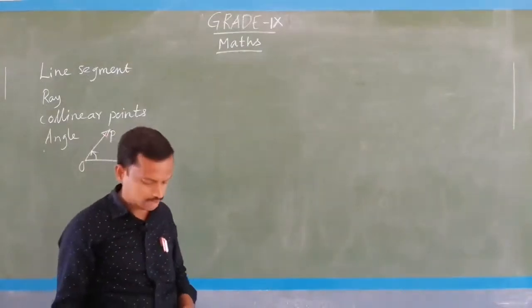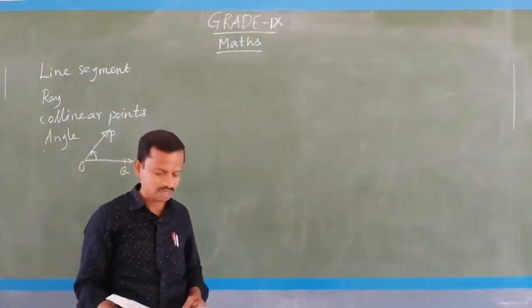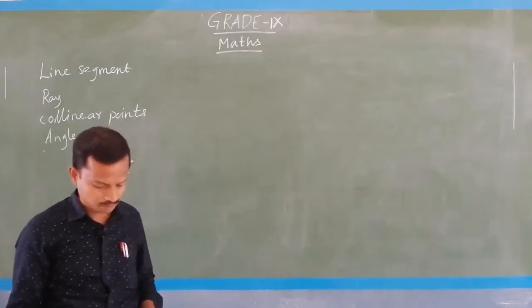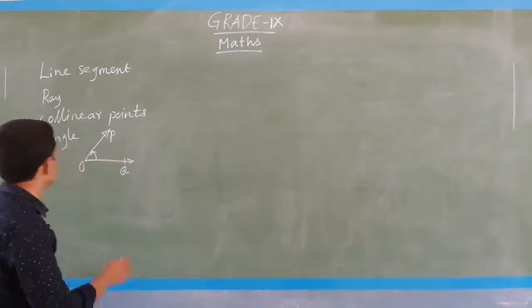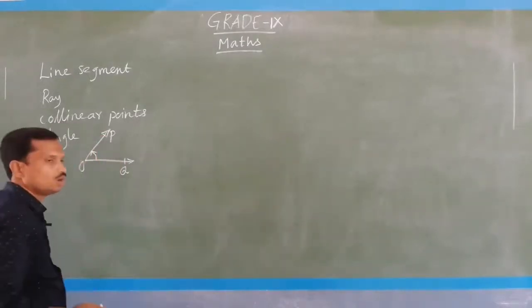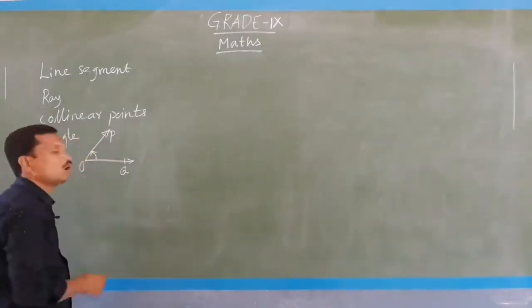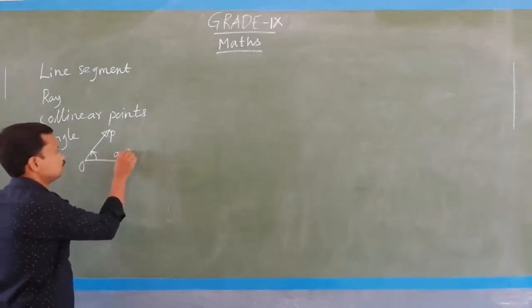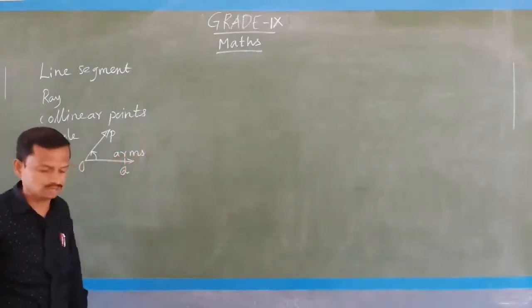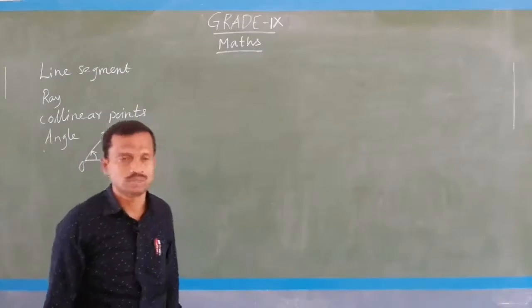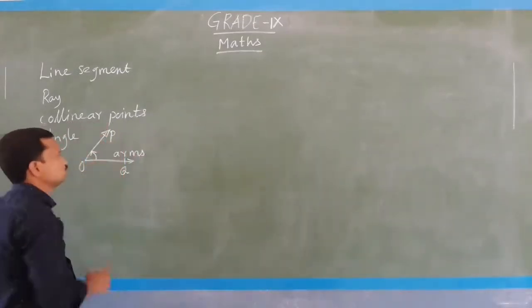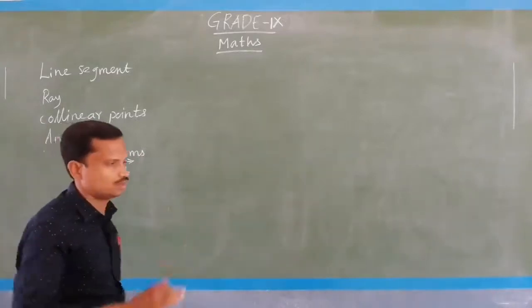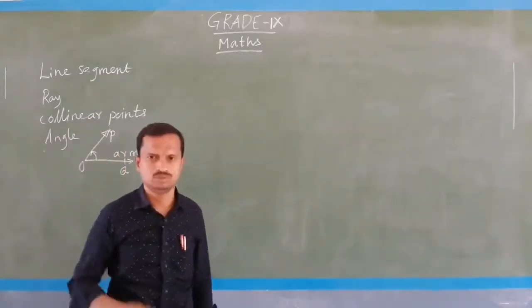And then the rays making an angle are called arms of the angle. OP, OQ are the rays and they are called arms. So each ray is an arm. This is one arm, this is one arm. Generally two rays you can say two arms.